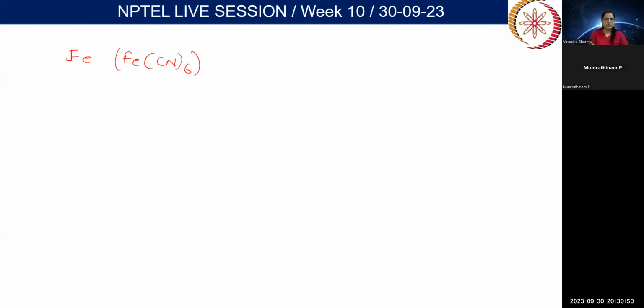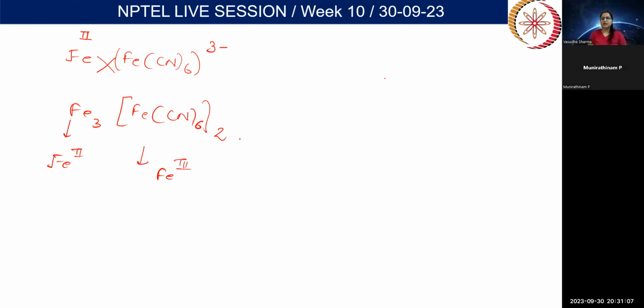We have here it is in +2 and here it is in -3. When you cross multiply it, it becomes Fe3[Fe(CN)6]2. So outer one is iron 2 and inner one is iron 3.